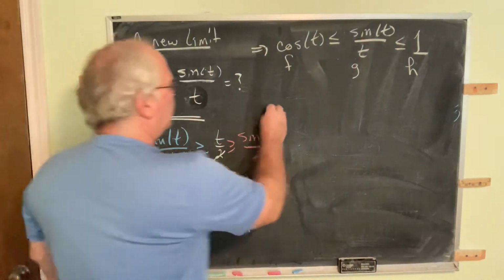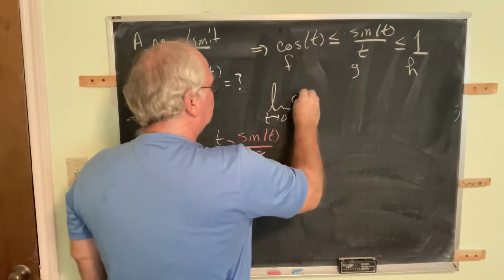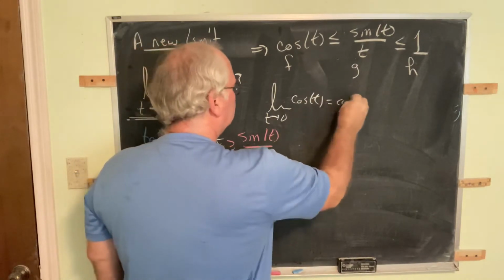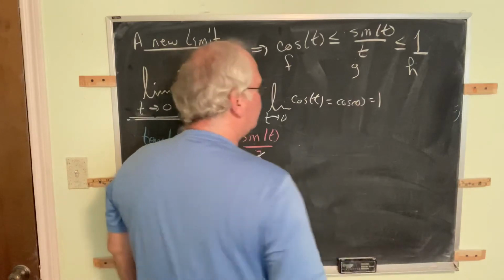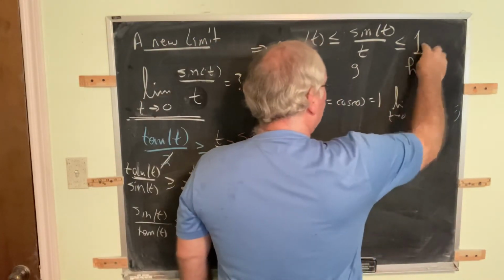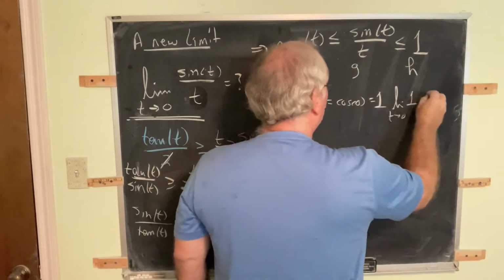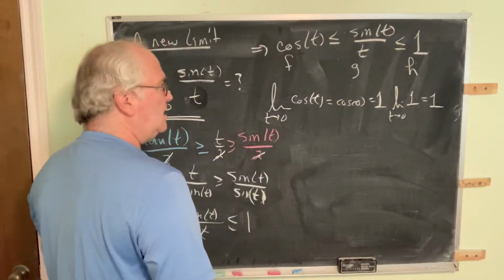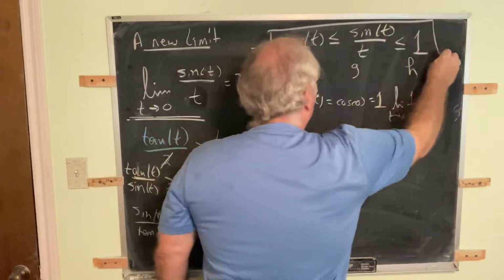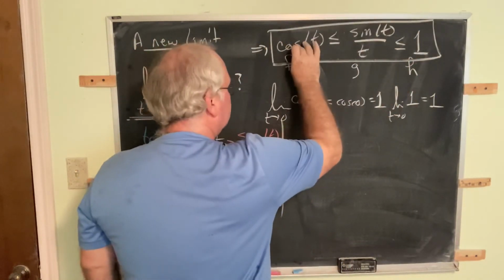So the question is, what is the limit as t goes to 0 of this function? Substitute, simplify. Cosine of 0 is 1. What's the limit as t goes to 0 of this function? What's the limit of a constant? The limit of a constant is the constant. So what I have now established is g is captured between these two functions.